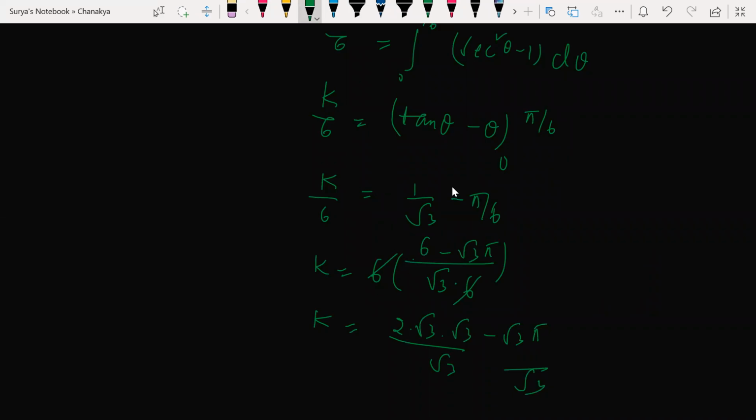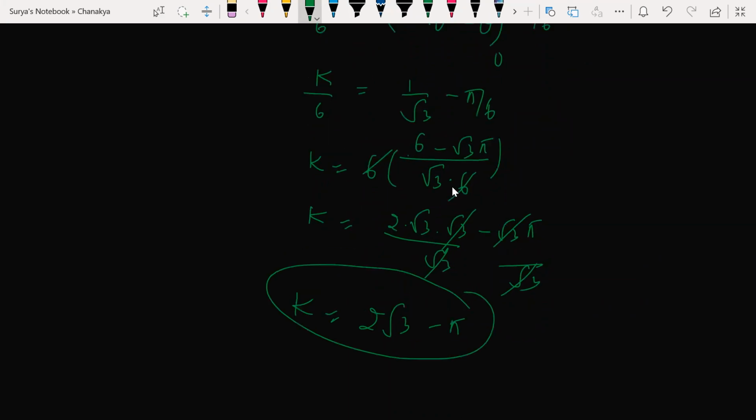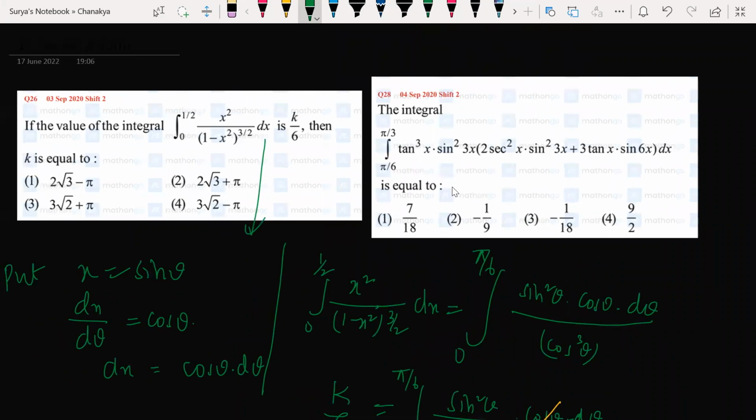Now this will get cancelled, this will get cancelled. So the k value is 2 root 3 minus pi. Which option is correct? Option A is correct. So solve the 28th one now.